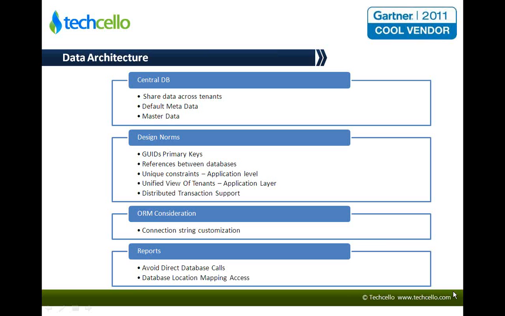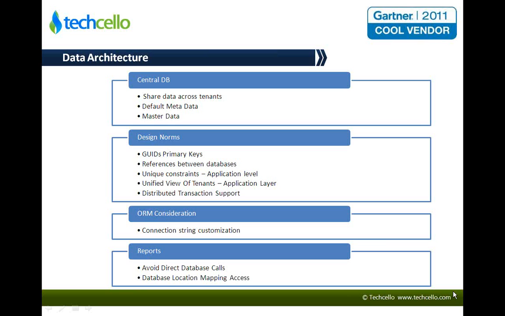So in your DB architecture, you will find that you have tenant transactions DBs that are going to be partitioned, and you will end up having a central DB also. The central DB majorly will hold all the master data. The metadata information itself can be in it. So that's something that you need to bring in right from the beginning.